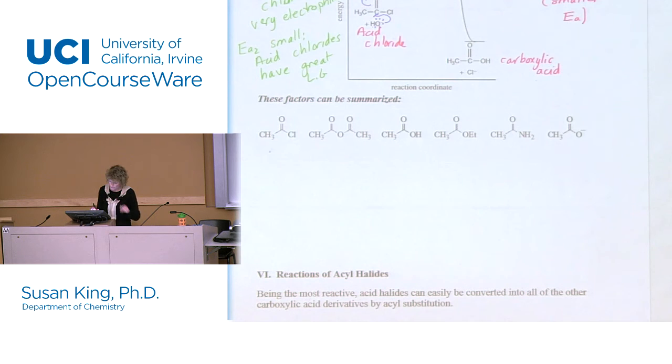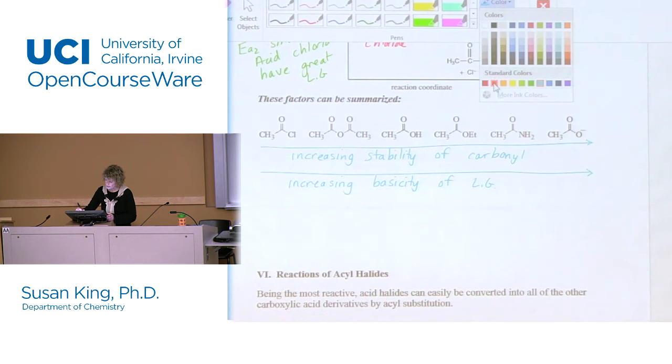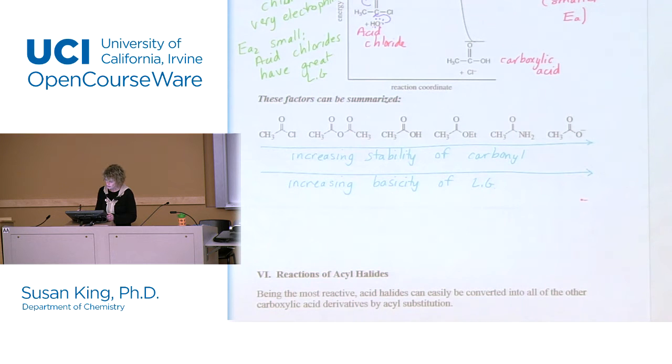So here's our order of reactivity. Increasing stability of the carbonyl, we also have increasing basicity of the leaving group. So the result of that is that if we have increasing stability, then we're going to have a faster reaction rate this direction.